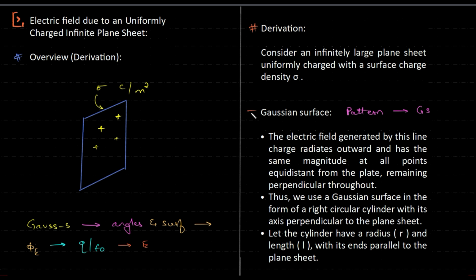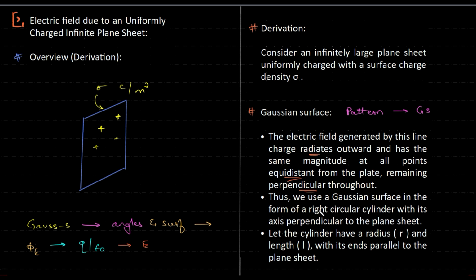So here we are looking at the Gaussian surface. The electrical field generated by this plate radiates outward and has the same magnitude at all points equidistant from the plate, and remains perpendicular throughout. All of these keywords, equidistant and radiating outward, we can't miss. Thus, we use a Gaussian surface in the form of a right circular cylinder.